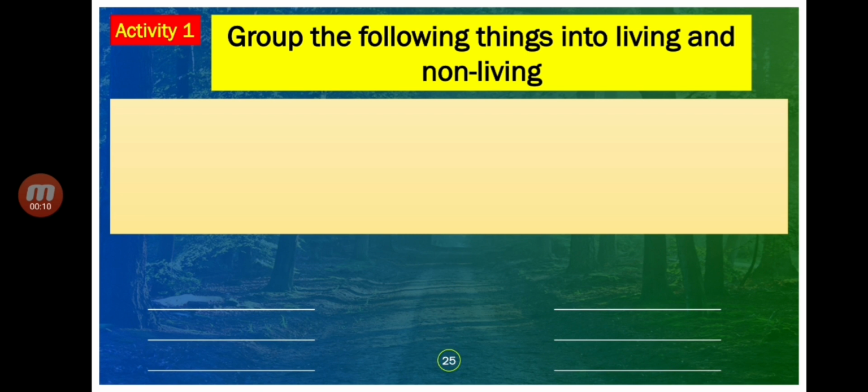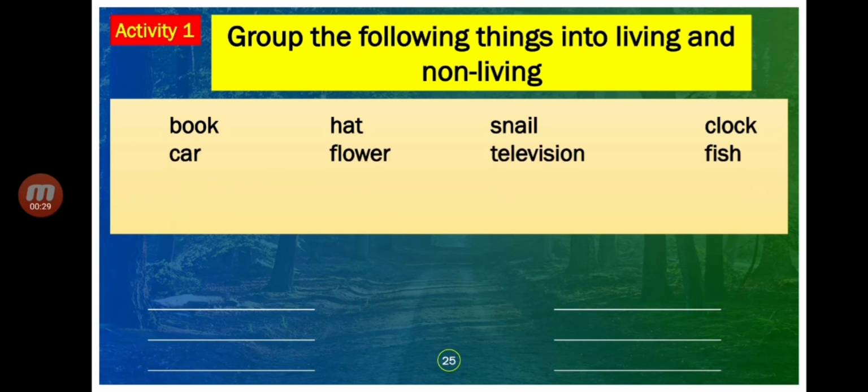into living and non-living. So these are the words that we are going to group. Book, hat, snail, clock. Next, car, flower, television, fish.